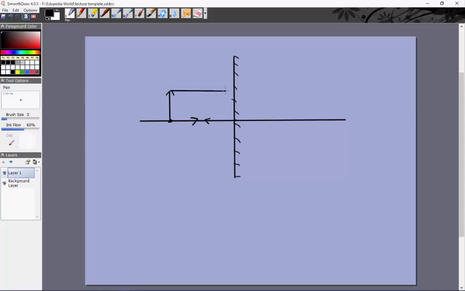Similarly, we could draw another ray going perpendicular to the surface like this, and it will be reflected normally and come back like this. We could extend this like this. Similarly, this ray could be extended like this. So it seems to us, because of normal incidence, that this reflected ray is actually coming from a point beyond the mirror, and this reflected ray is also coming from a point beyond the mirror.